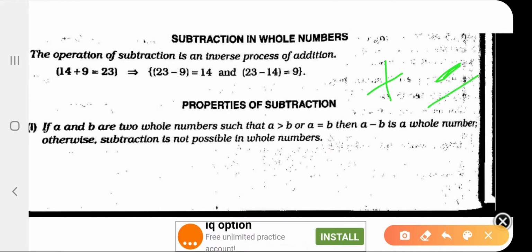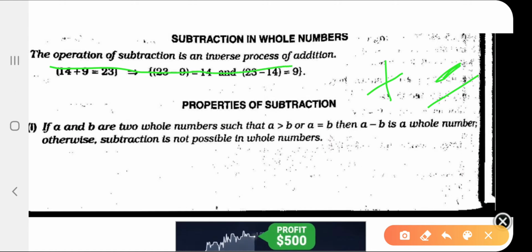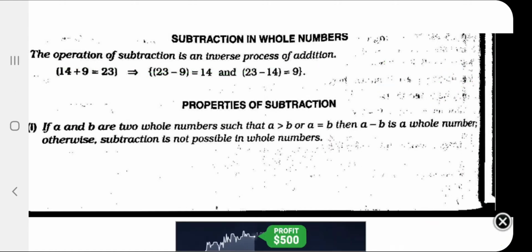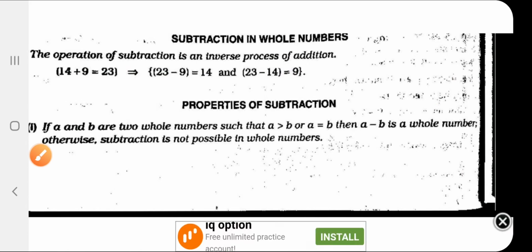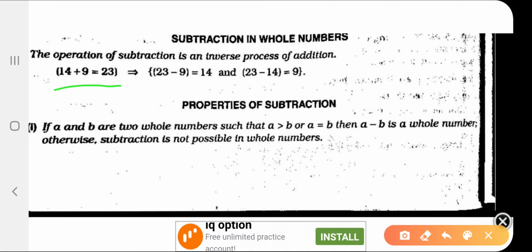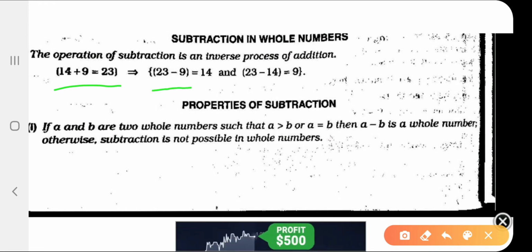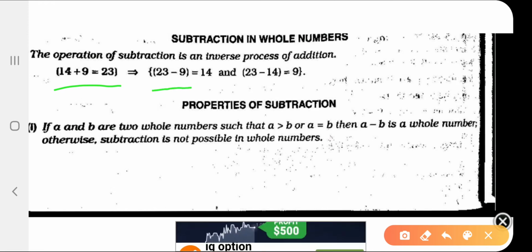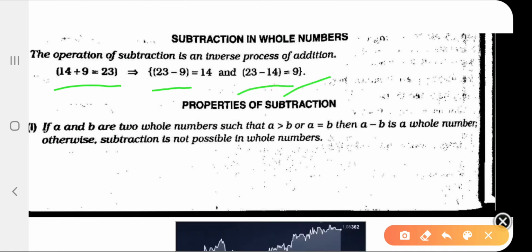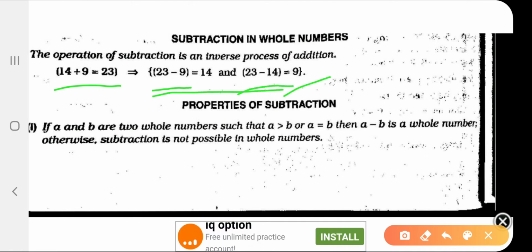Now, as this is added here, 29 minus 23 is 14, and 23 minus 14 equals 9. These are the examples of subtraction, which is the inverse process of addition.